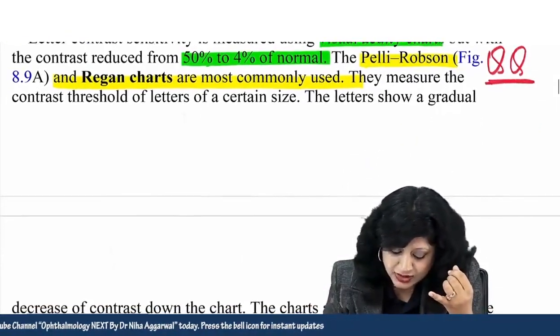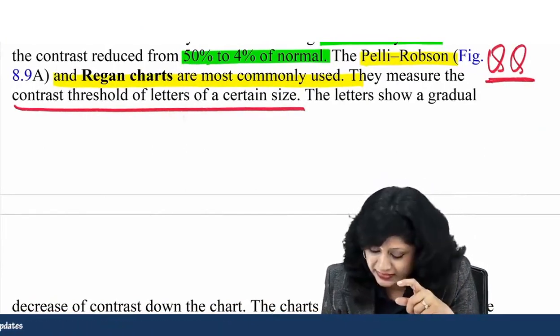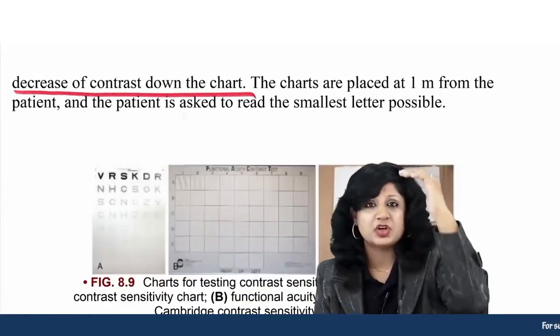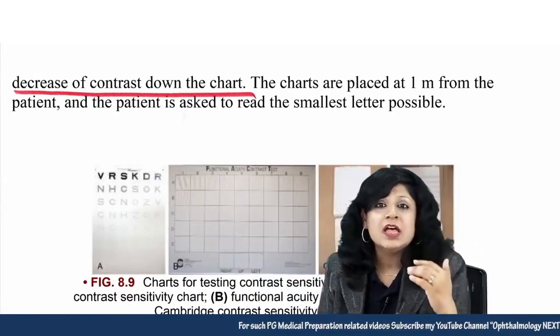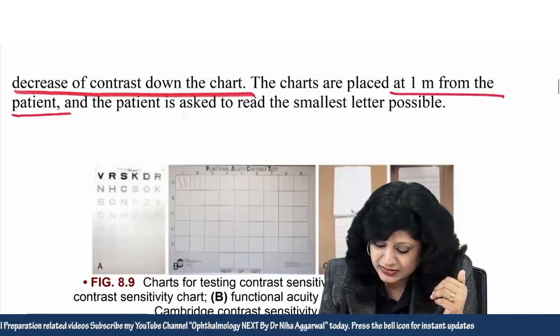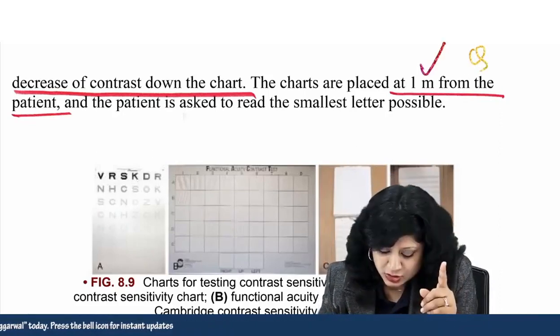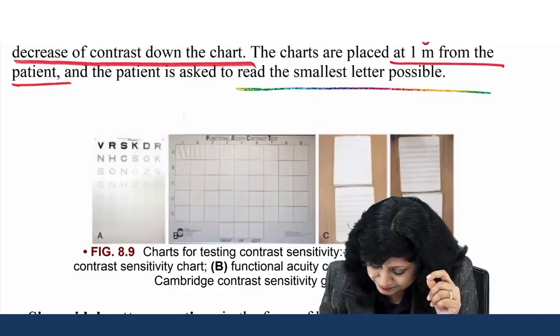Now they measure the contrast threshold of letters of a certain size, and these letters show a gradual decrease of the contrast down the chart. So in the first line there is maximum contrast and then it goes on decreasing. The charts are placed at 1 meter from the patient. Again, this is important: it is not 6 meters. It is 1 meter from the patient, and the patient is asked to read the smallest letter possible.